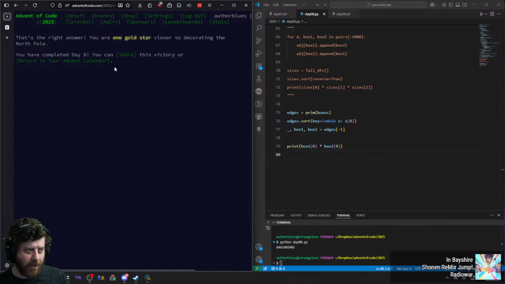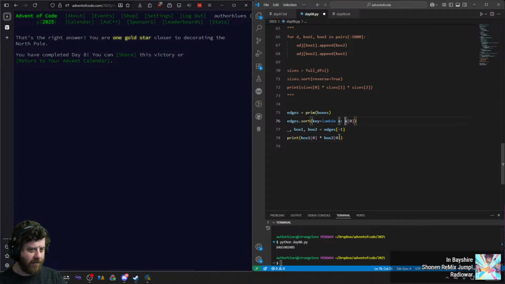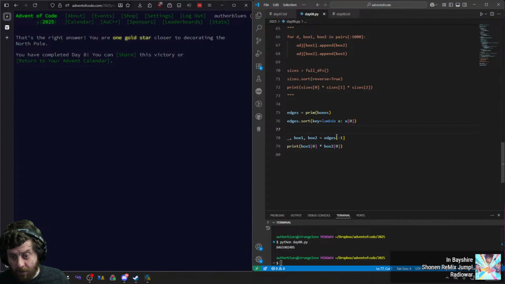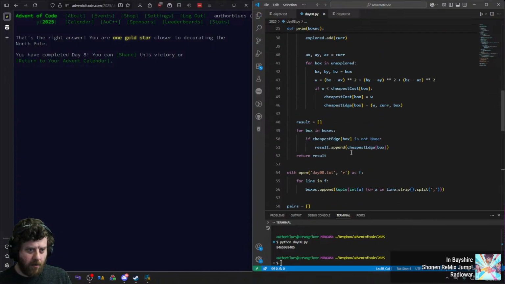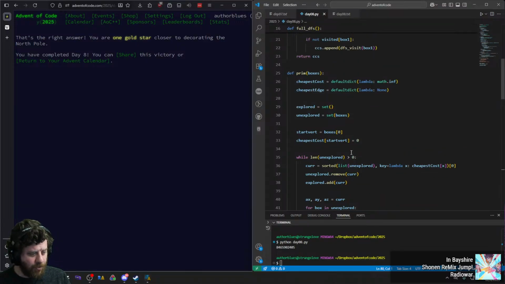Okay. I was really hoping I wasn't going to have to debug Prim's algorithm. I was not prepared to debug Prim's algorithm, having only written it for the first time ever right now. I've used Prim's algorithm before to solve problems. I've used Kruskal's algorithm before to solve problems.